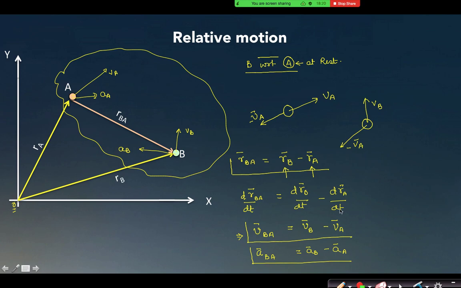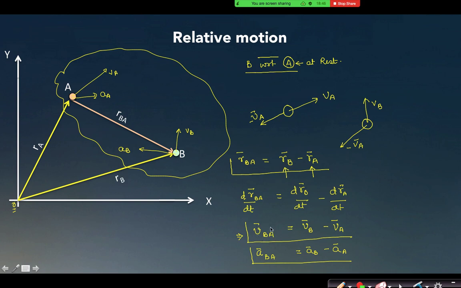So whenever you find that VA and VB, or AA and AB, are lying in different directions, you will add or subtract them just like vectors, right?